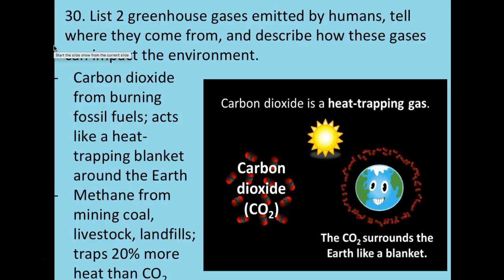It does come from mining coal and from livestock, and basically when cows, when any organism, right, poops or releases gas, it's going to include methane in it. So that methane is going to go into the atmosphere. So methane can be problematic from areas where you have a lot of agriculture and farm animals specifically.